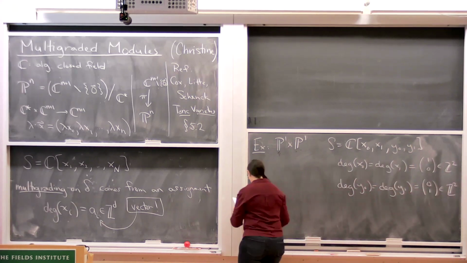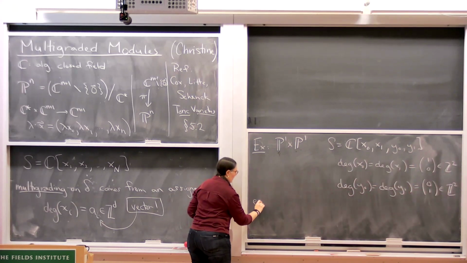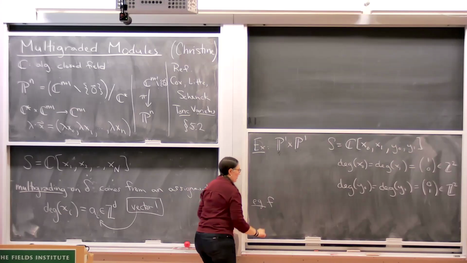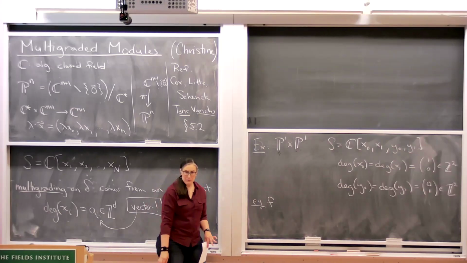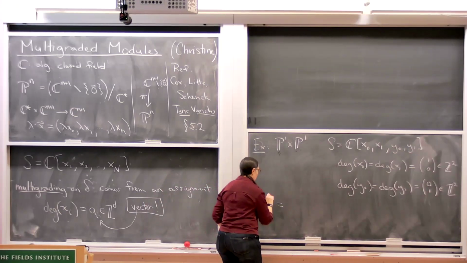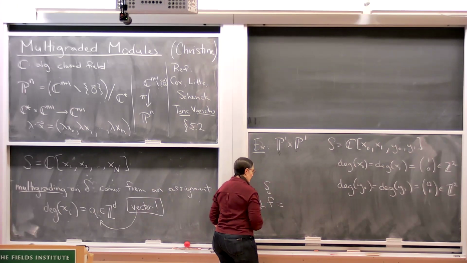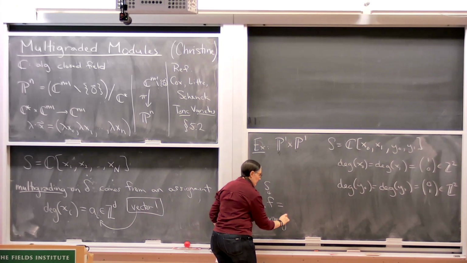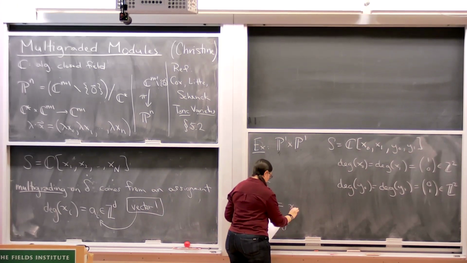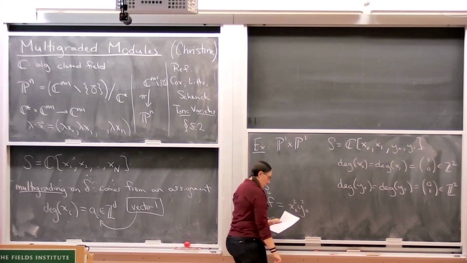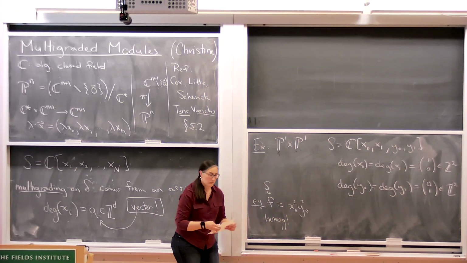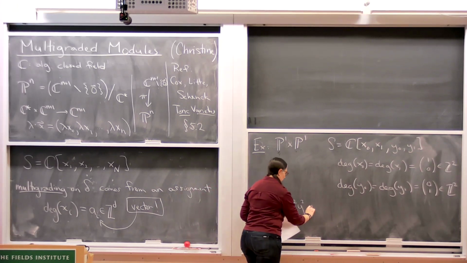So for instance, I'm looking for bihomogeneous equations. So I'm going to write down something that's homogeneous, something of degree (2,2).